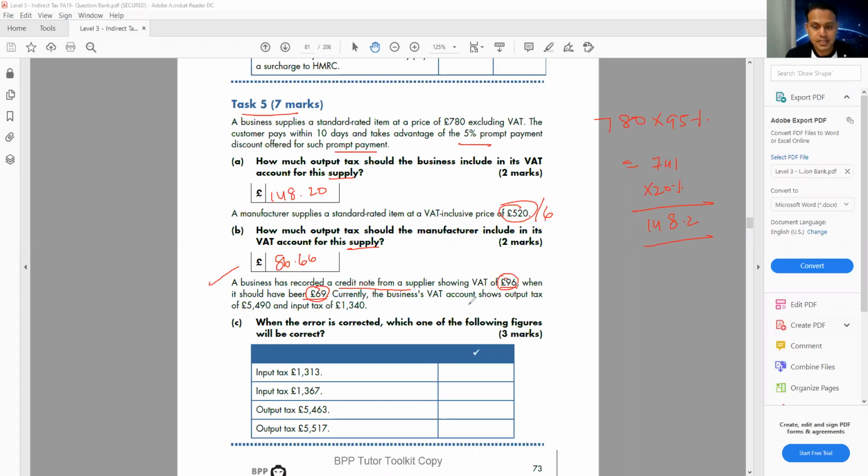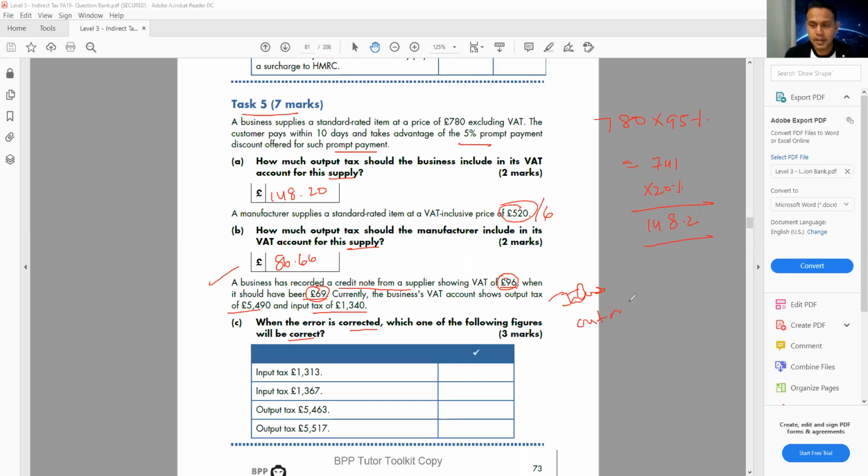Currently, the business's VAT account shows output tax of this amount, and input tax of 1340. When the error is corrected, which one of the following figures will be corrected? Remember, if there is a problem with the output, with the sales, we correct the output VAT.